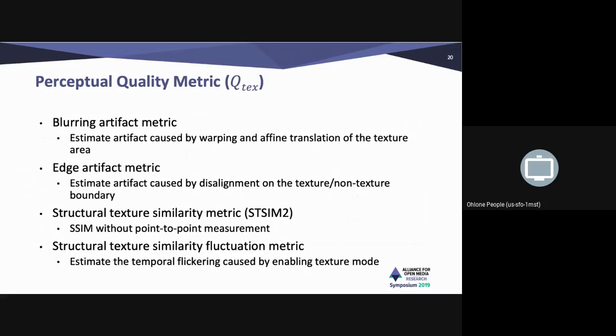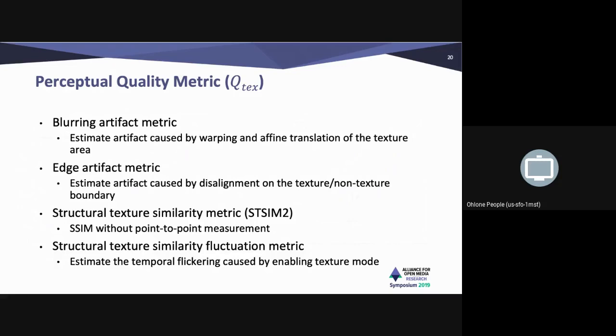The last 2 are based on the structural texture similarity metric. Here we're trying to do SSIM-like measurement, but without the point-to-point measurement. And the last is to measure the similarities between frames temporally, so this measures the fluctuations between the frames.